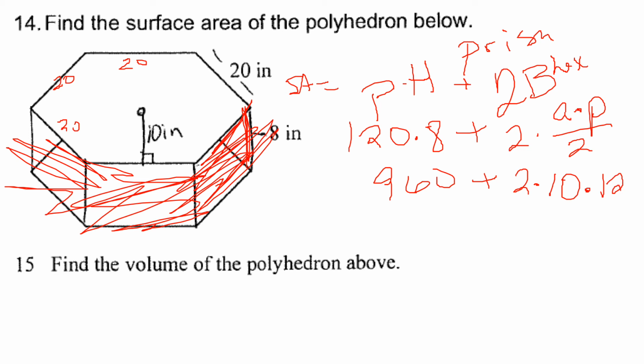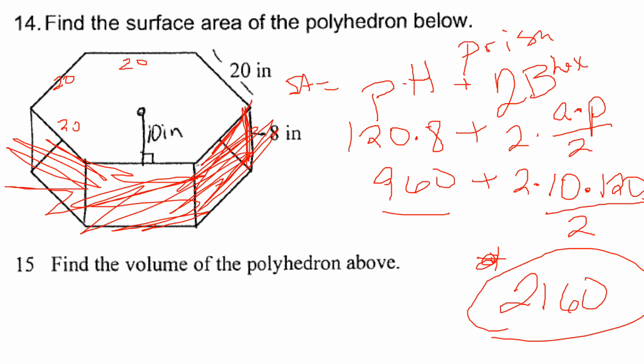It's the same perimeter. And then don't forget, all on top of 2. So 2 times 10 times 120 divided by 2. Some of y'all know you can cancel out the 2, but if not, just put it in there. So that part, total, add your 960 when you're finished, 2,160 would be your surface area.